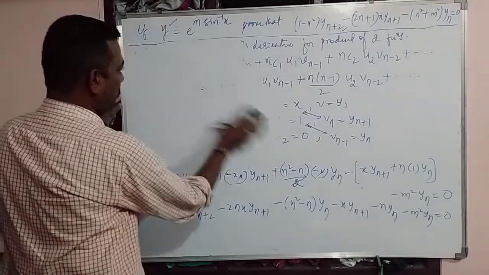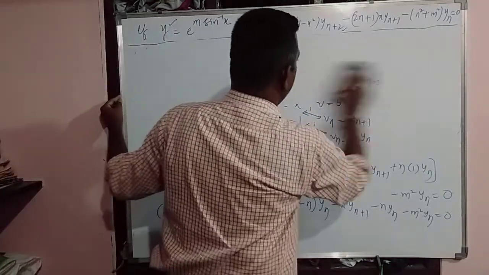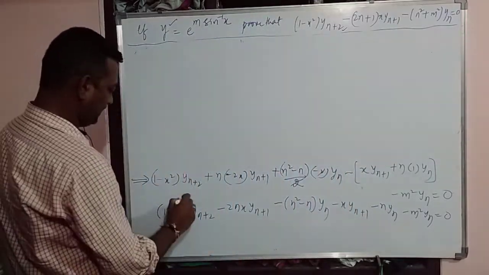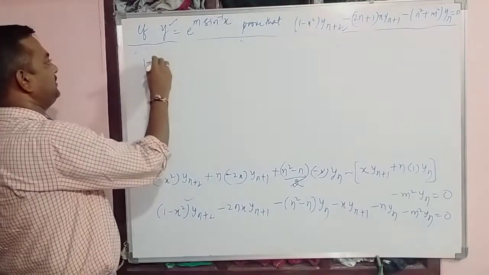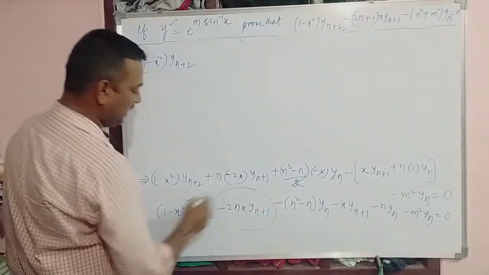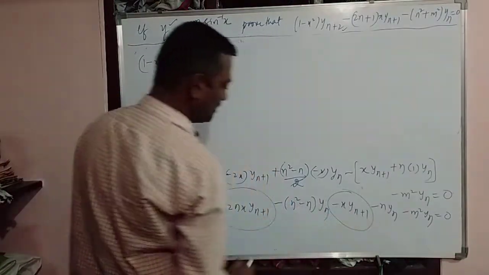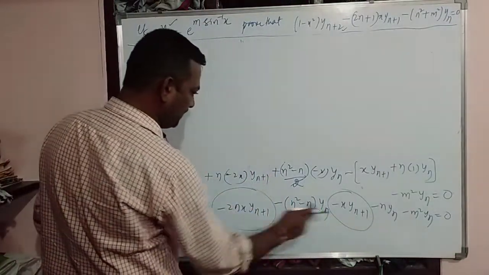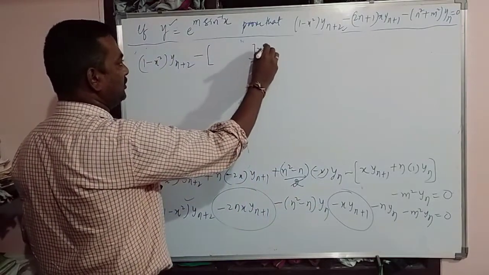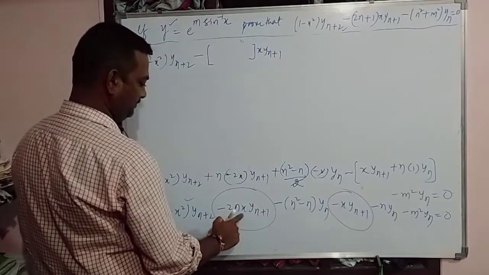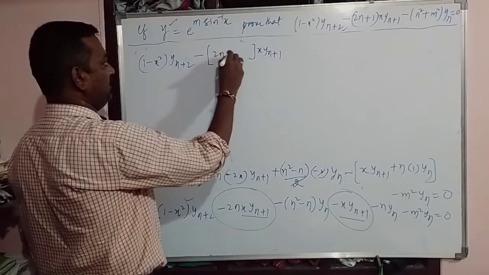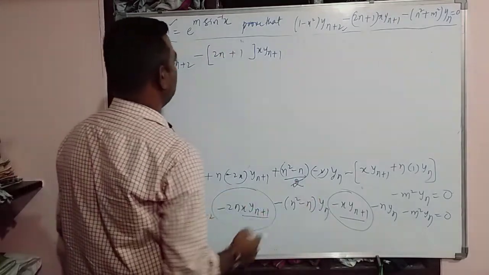Fine. So we are on the last step, students. First write this term, that is (1 minus x square) into yn plus 2. Next collect the yn plus 1 terms. How many yn plus 1 terms are there? There are 2. In these two, what is common? Minus is common and x yn plus 1 is common. What is remaining here? 2n, and here plus 1.